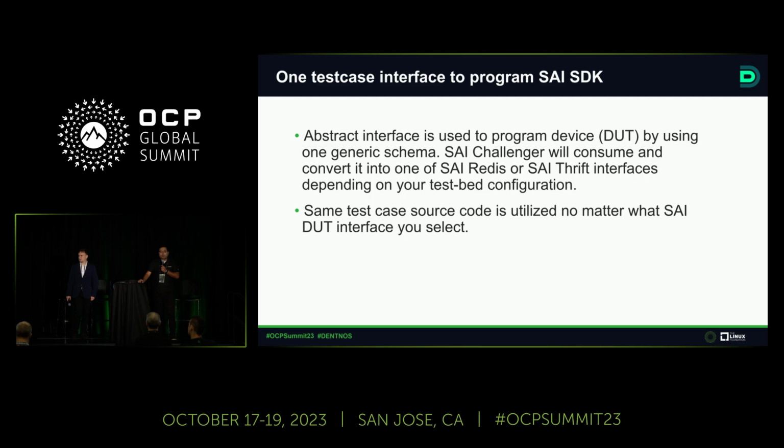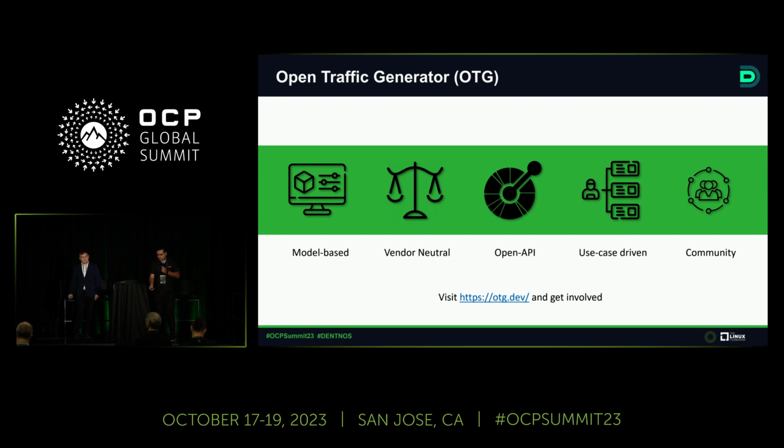And since you already have an idea of what SAI Challenger is, I will introduce what Open Traffic Generator is and what it is doing in the SAI testing framework.